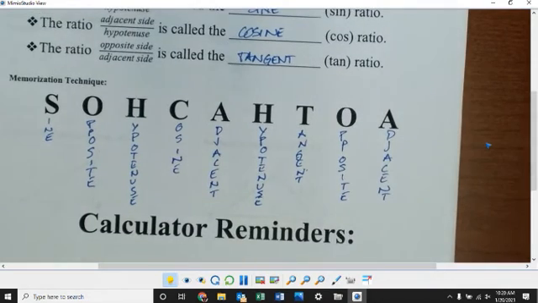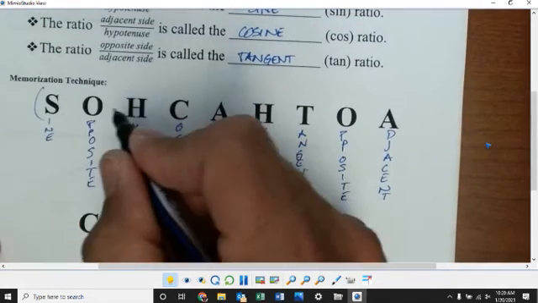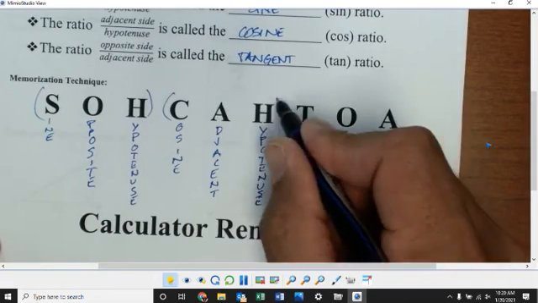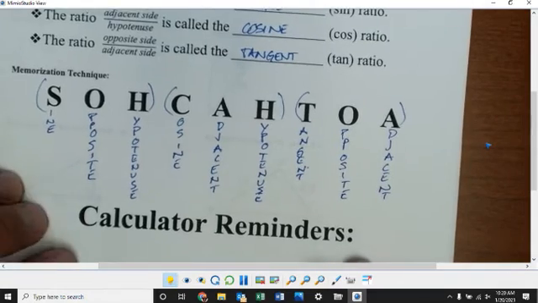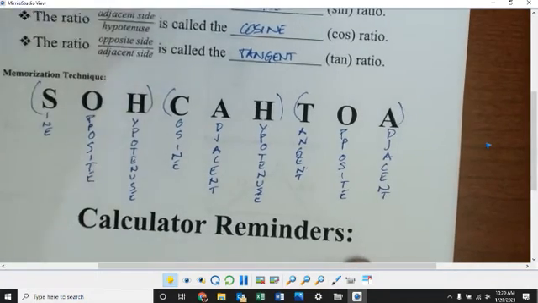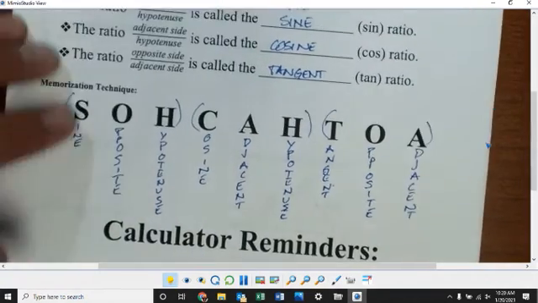Okay, so those are all of our trig ratios. We say Soh-Cah-Toa. So, sine is opposite over hypotenuse, cosine adjacent over hypotenuse, and tangent is opposite over adjacent. So if you can remember SOHCAHTOA, you should remember how to organize your trig ratios.